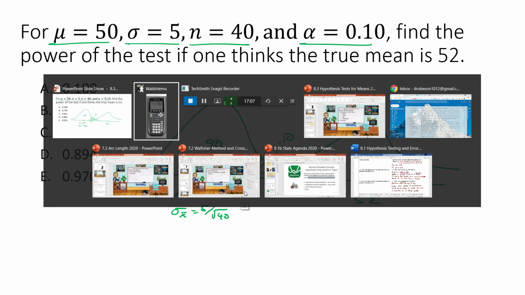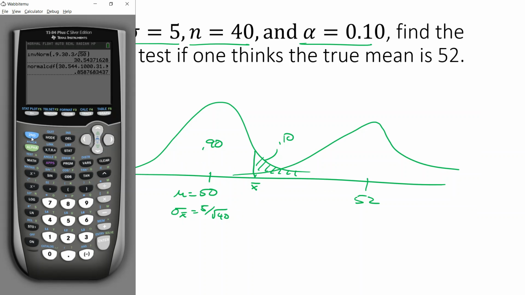So we throw this into our calculator. We're doing inverse norm here. Second distribution, inverse norm. The area is 0.90. Oops, I did say t distribution. Hang on, I hit the wrong one. Second distribution, inverse norm. There we go, number 3. So 0.90. Our mean is 50.